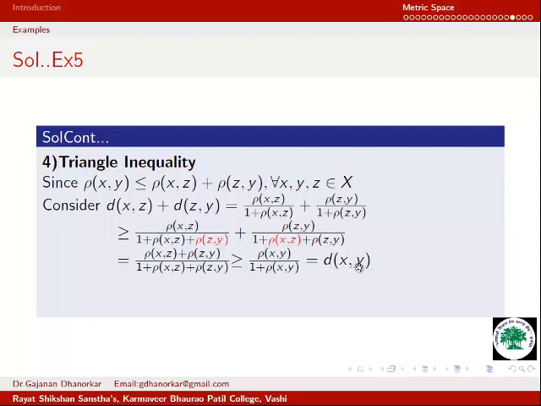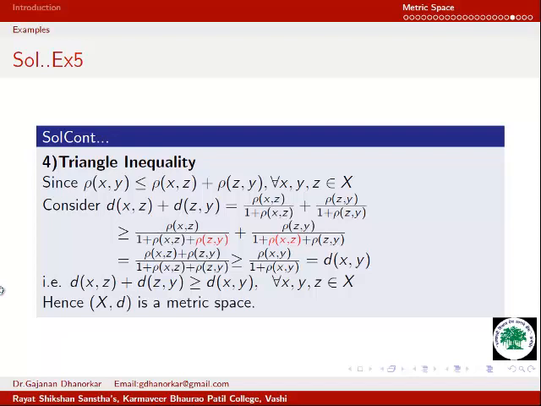So d of xz plus d of zy is greater than or equal to d of xy. That means this satisfies our fourth condition, the triangle inequality holds. And henceforth, d satisfies all four conditions of a metric space, therefore d is a metric and (X, d) is called a metric space.